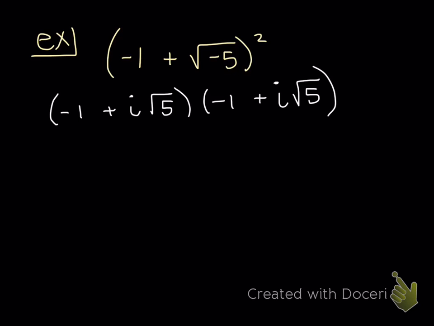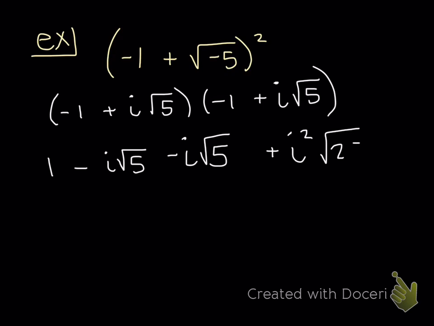So my first term will be positive 1. Then I'll get a negative i root 5. I'll get a second i root 5. And then I'll get plus an i squared square root 25 for the last term.